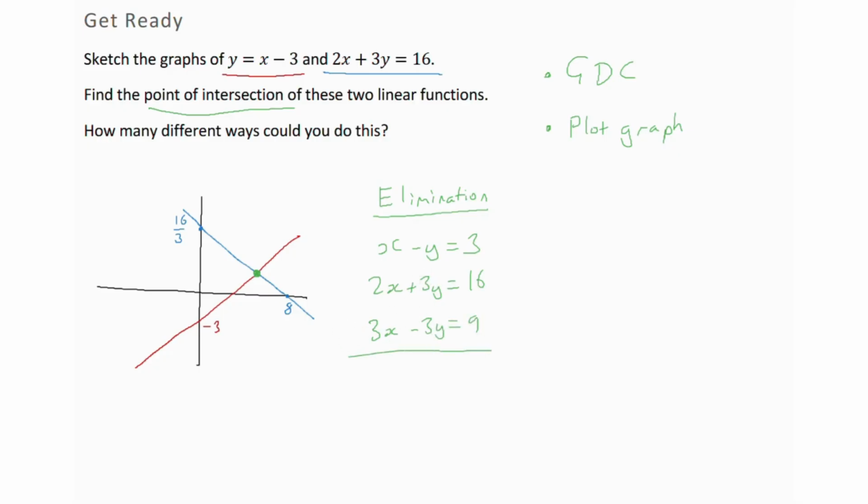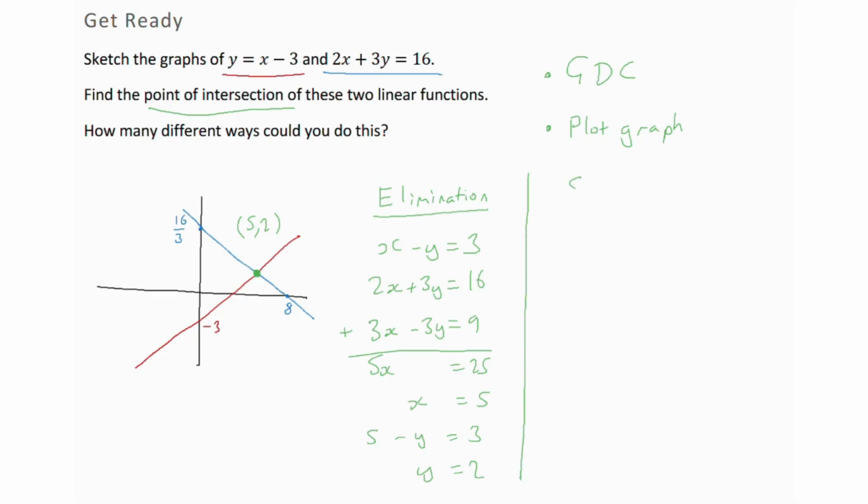And then adding these two equations together, I get 5x equals 25, x equals 5. And then substituting back into the first equation, 5 minus y equals 3 means y is equal to 2. So that gives me the coordinates here are going to be 5, 2.